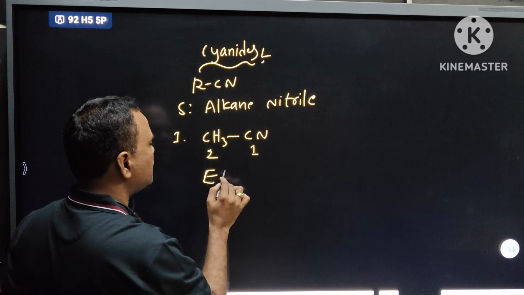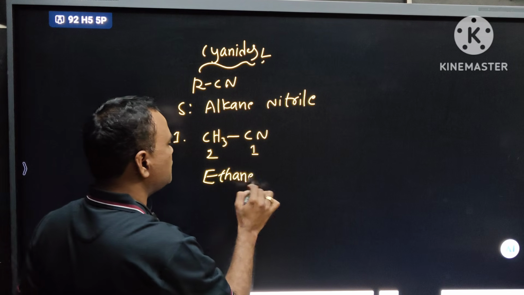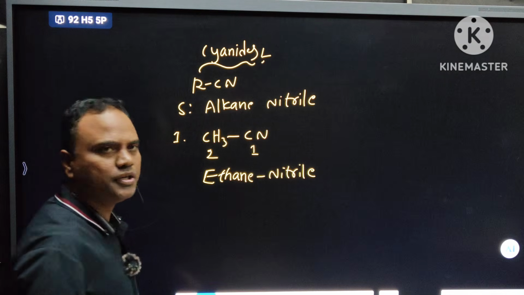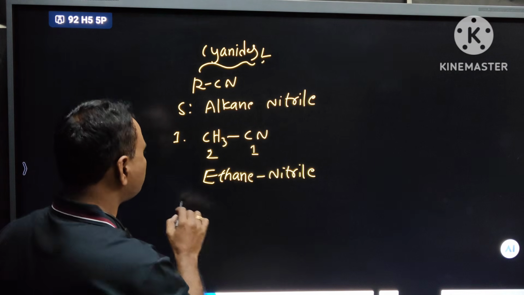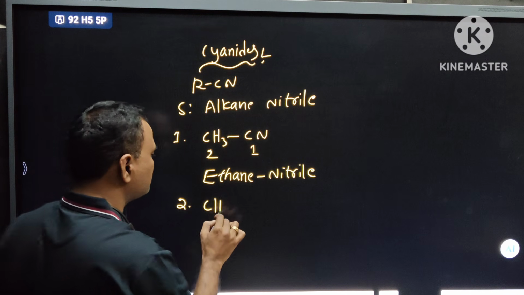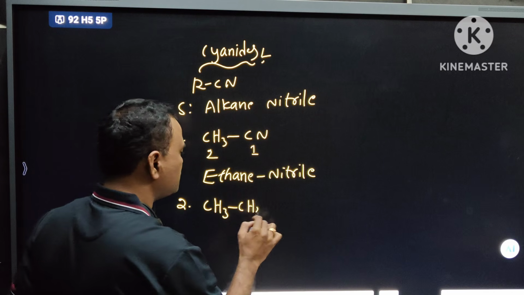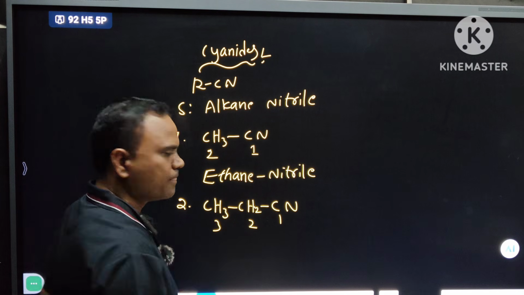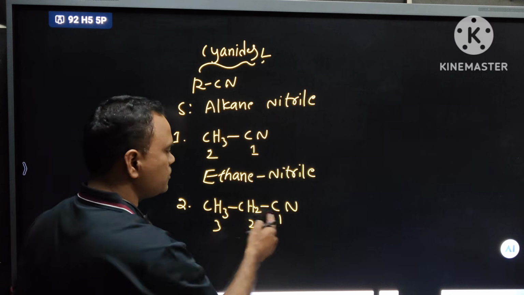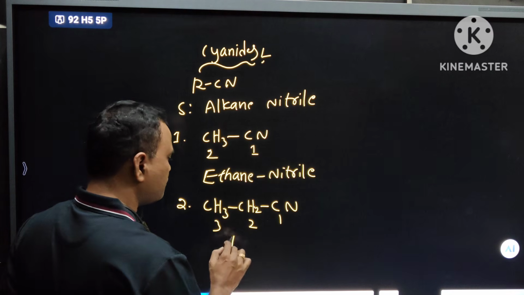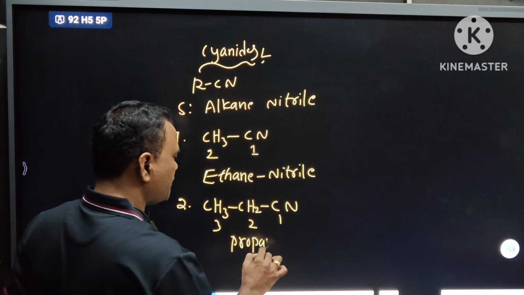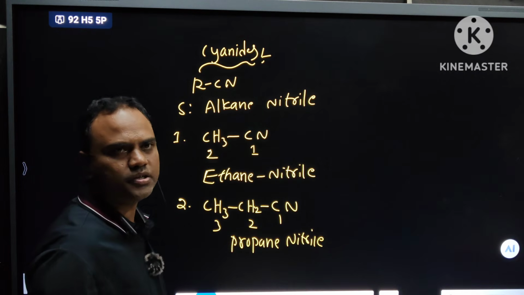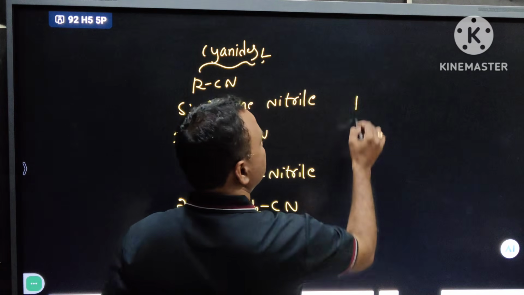So ethane nitrile. Okay. In this, how many carbons are present? 1, 2, 3. Propane nitrile. Alkane nitrile is the common name. Okay. Right.